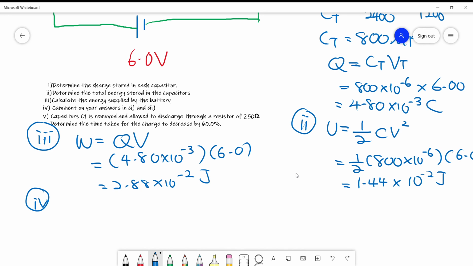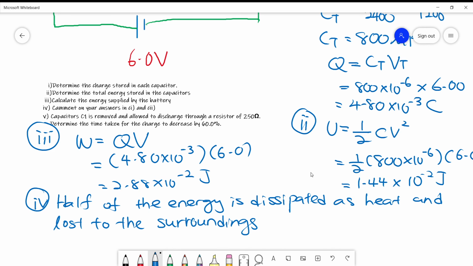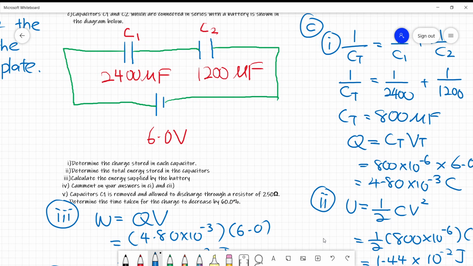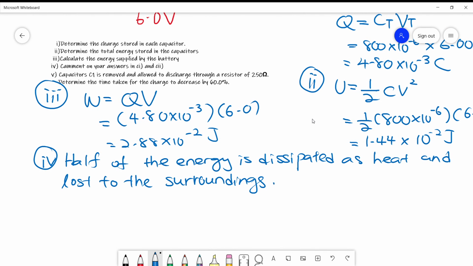So I can conclude that half of the energy is dissipated as heat and lost to the surroundings. So yeah, this is the explanation.